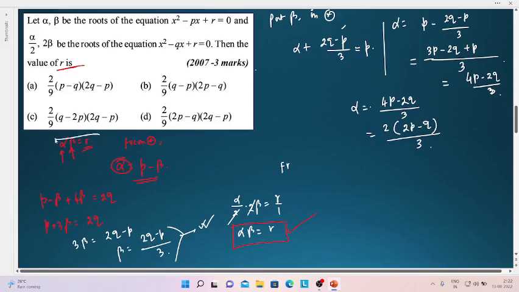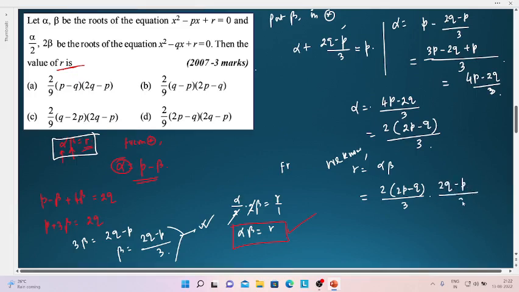So we have to find the value of r, and we know r equals alpha times beta. Let me put the value of alpha and beta in terms of p and q. It will be 2 times 2p minus q by 3 times 2q minus p upon 3.